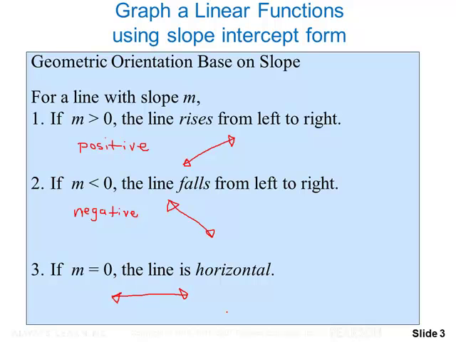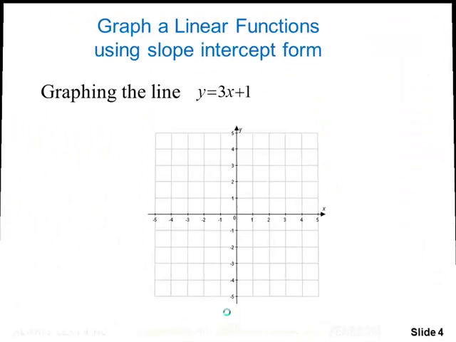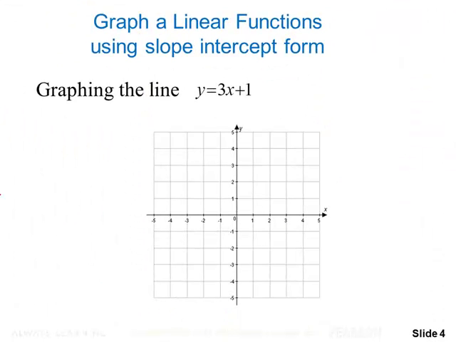Now let's take a look at some examples. We're asked to graph the equation y equals 3x plus 1. As I examine the equation, notice that our equation is already in slope-intercept form. We have a slope of positive 3 and we have a y-intercept of 1.